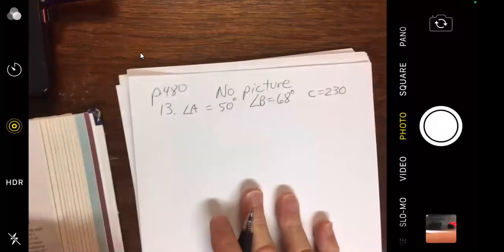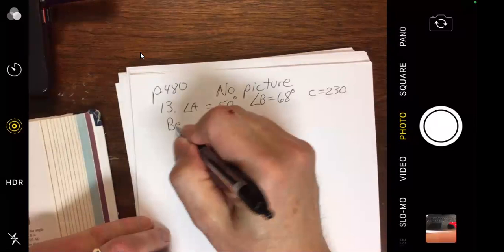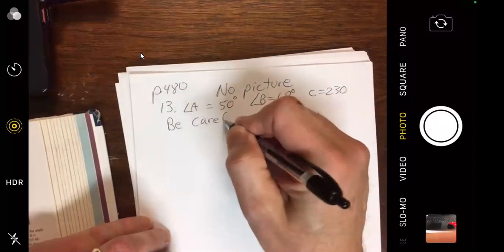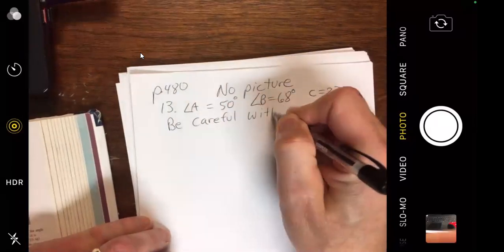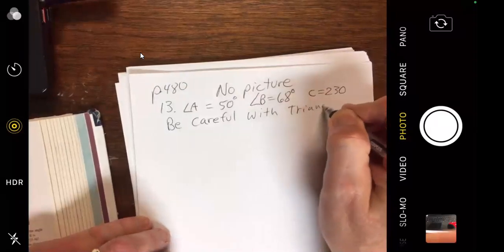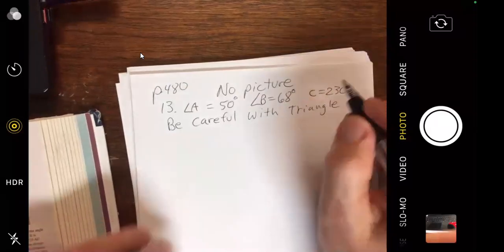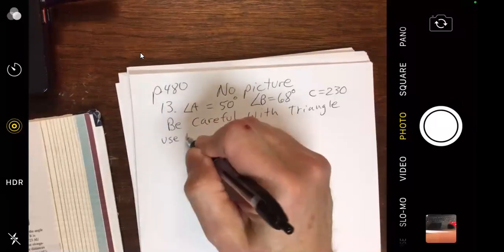All right, you have to be careful with a triangle. If you want to really be sure, use a diagram.